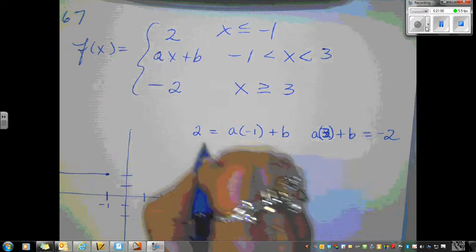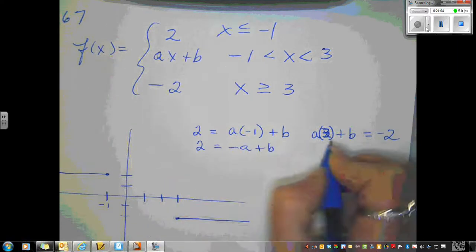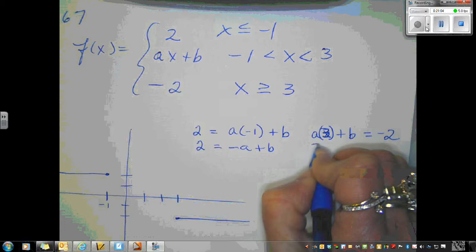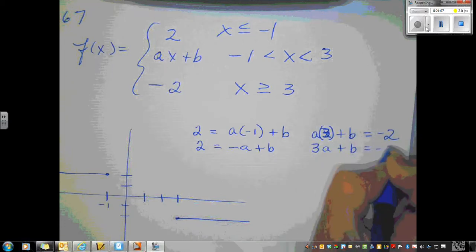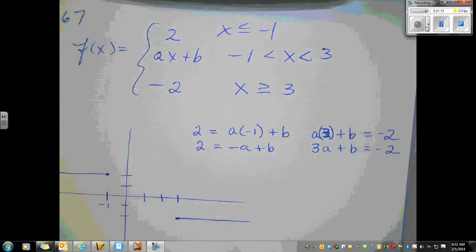So we have 2 equals negative a plus b, and 3a plus b equals negative 2. All right, now what do I do? How am I going to figure out what a and b are? Somebody has to answer me. This class has to wake up and talk. What do I do if I have 2 equations and 2 unknowns?